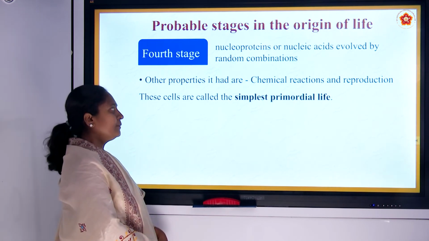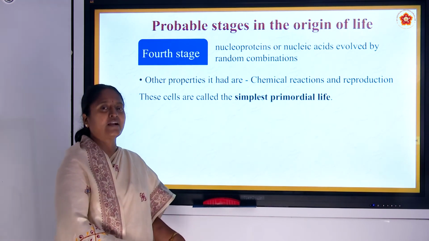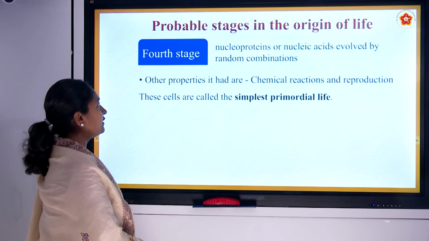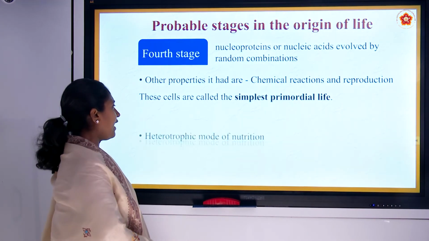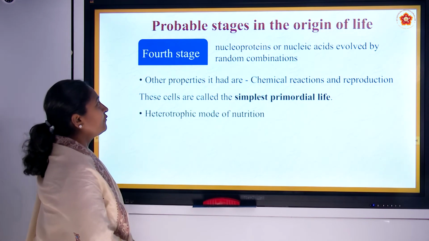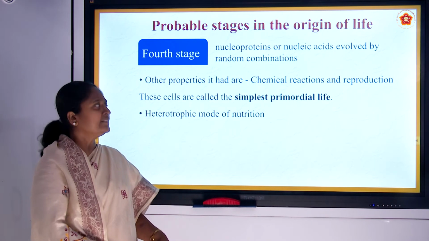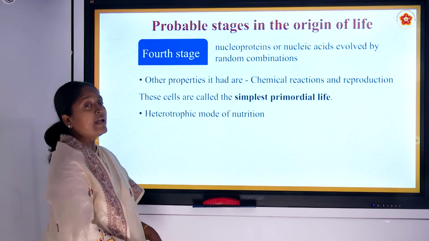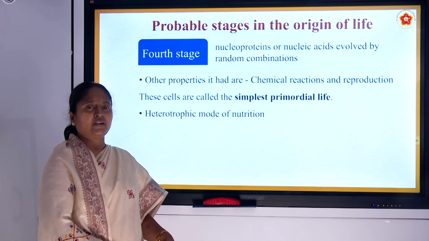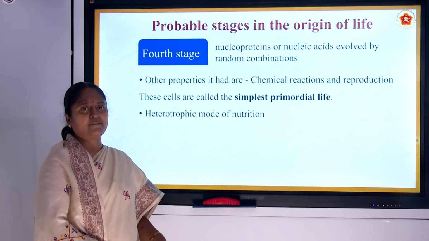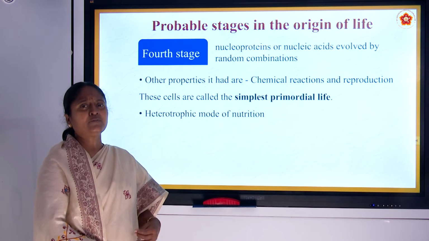That is, the simplest primordial life started originating on the surface of earth in stage 4. Then after all those things happened, we need to see how the organisms have evolved, right? These organisms are mostly heterotrophic in nature. Hetero means others, right? It is not self. Then trophic means the food habit.